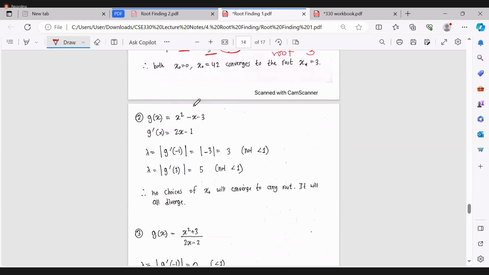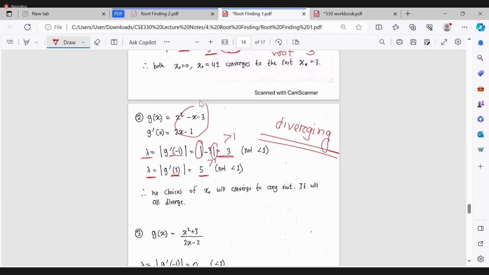Now, going to the next form, you will see that both of these lambdas are greater than 1. Since these are greater than 1, they are diverging.